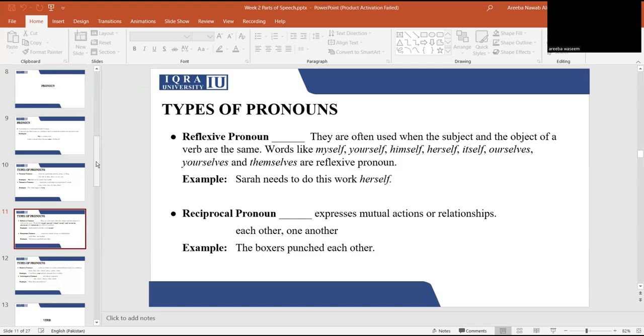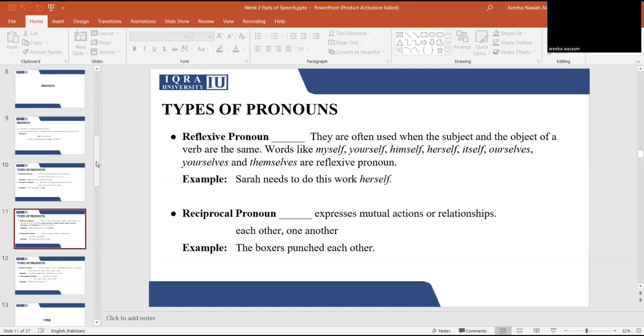And reciprocal pronouns express mutual actions or relationships. Each other, one another. The boxers punched each other. Here we are showing that the action is happening between the two people.